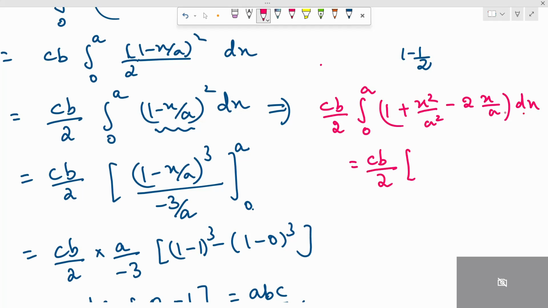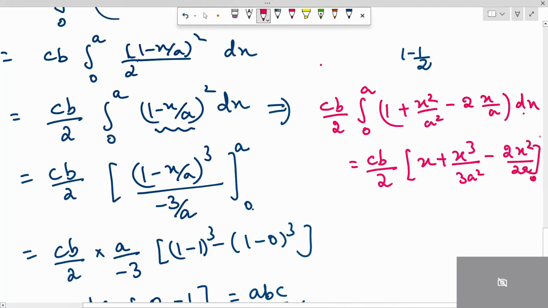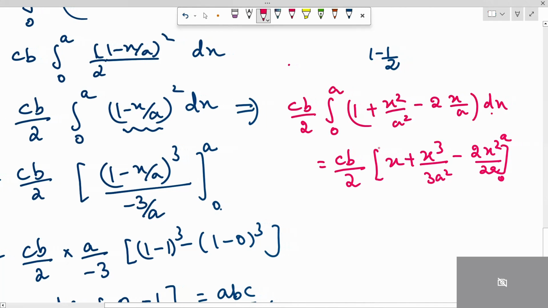Look at this, 1 is x, plus x cube by 3a square, minus 2x square by 2a, with the limit 0 to a. Normal integration only we are doing here. 1 is x here, plus x square by a square is x cube by 3a square, minus here 2 by a constant, the integration for x is x square by 2. We can remove this 2 here.